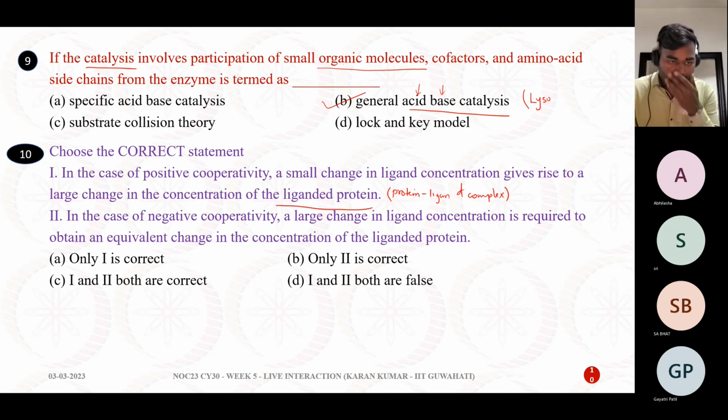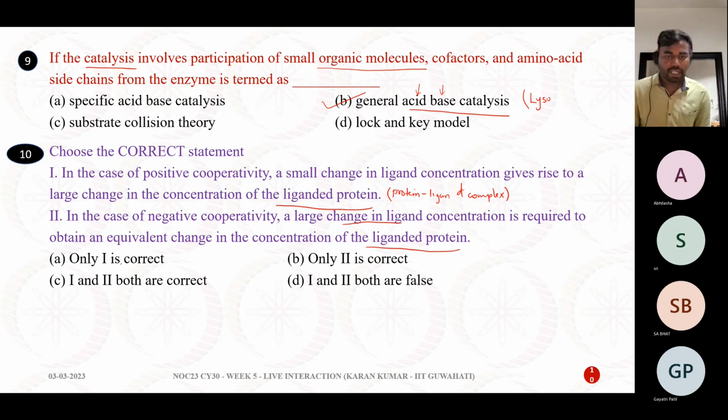Statement 2 is in case of negative cooperativity, a large change in ligand concentration is required to obtain an equivalent change in the concentration of liganded protein. The options are: only one is correct, only two is correct, both are correct, or both are false.